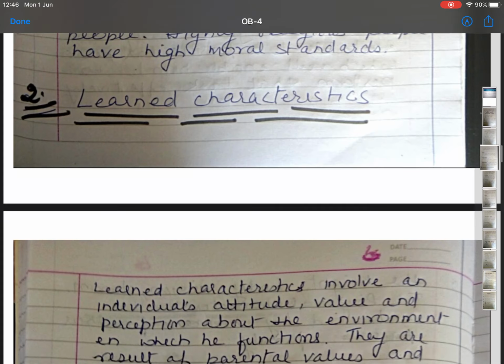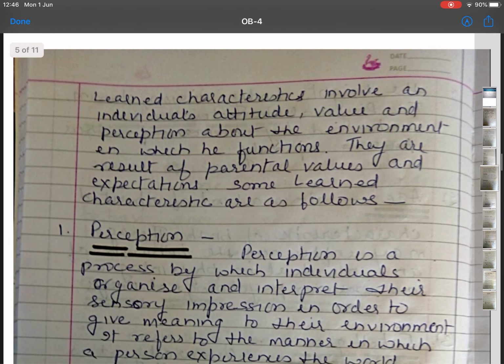These characteristics involve an individual's attitude, value, and perception about the environment in which they are functioning. These learned characteristics are actually the result of parental values and expectations.